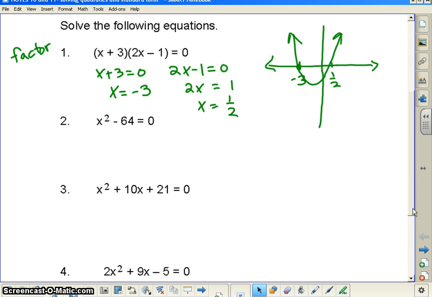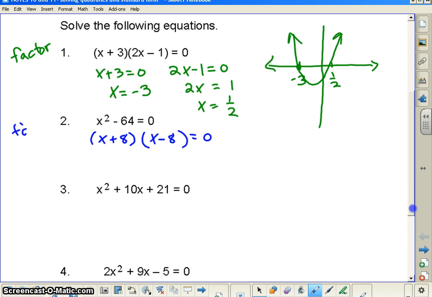On this next one, number 2, yes, quadratics will always form a parabola. On number 2, we have the difference of two square numbers, so when I factor it, x plus 8, x minus 8 equals 0.